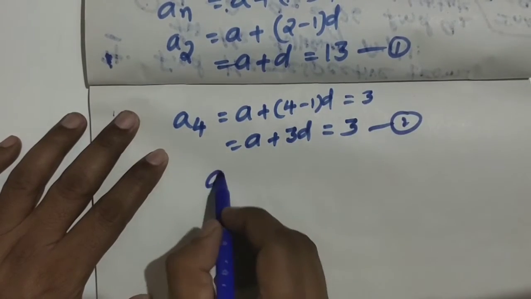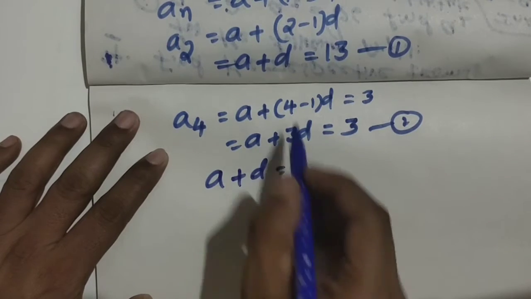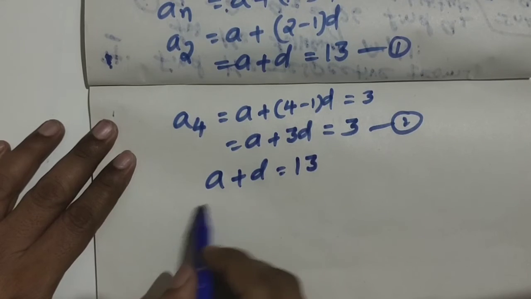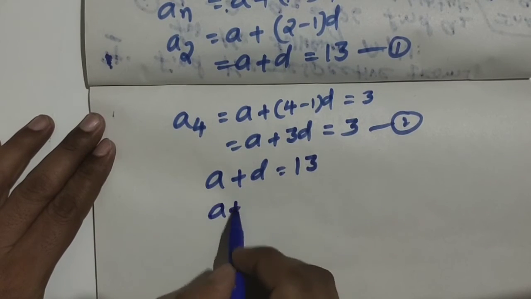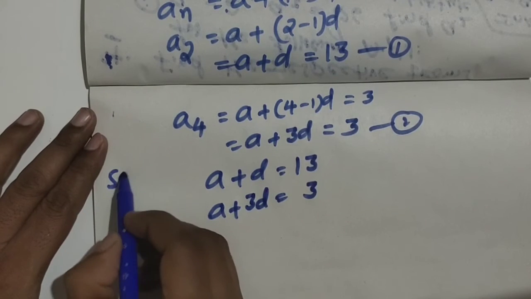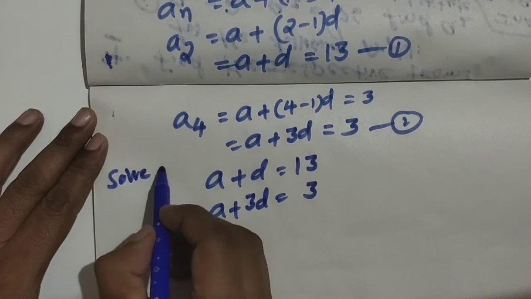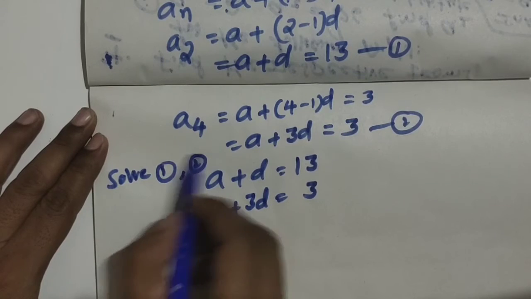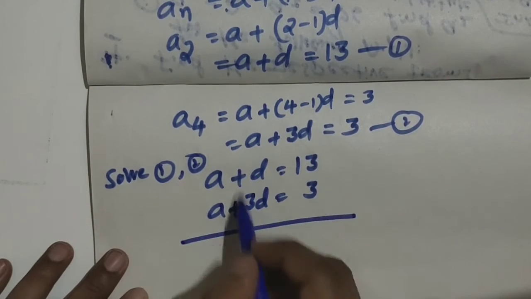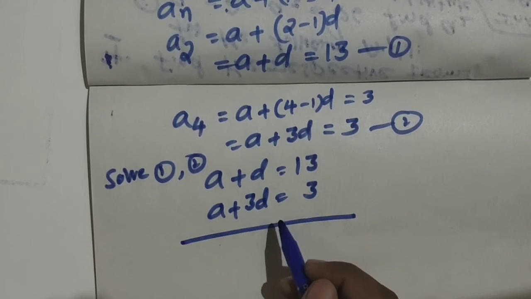So now we need to get a and d values. We have here two equations, a plus d is equal to 13 and a plus 3d is equal to 3. We have to solve these two equations for a and d values. So as we know, to get these, apply the elimination method.